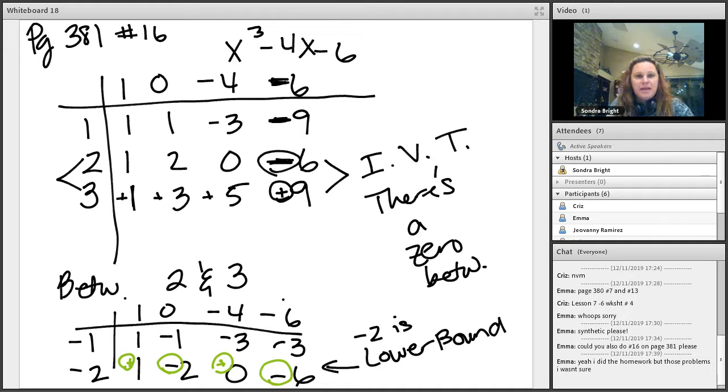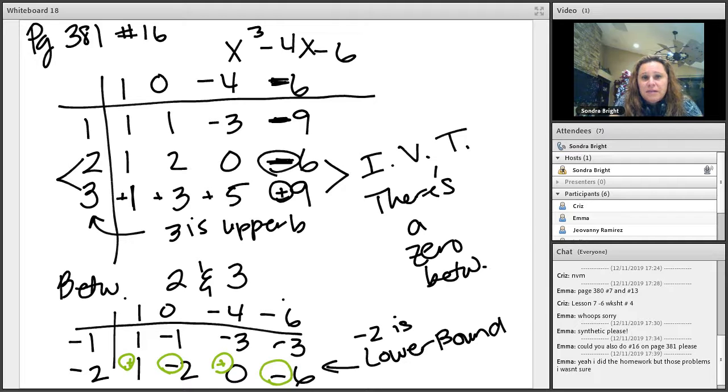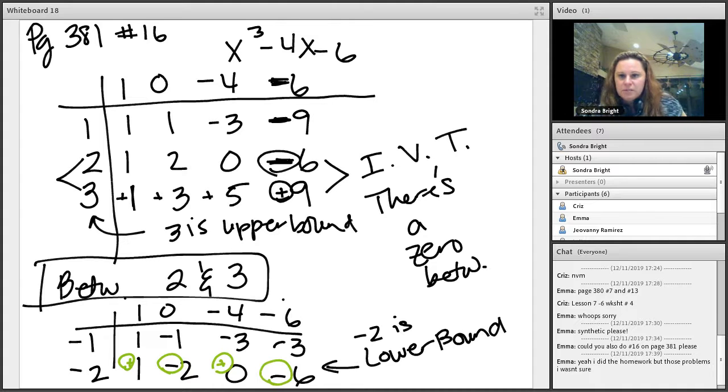Don't keep trying. 3 was the upper bound, because they were all positive. And so we've got our bounds and we only found 1. And so between 2 and 3 is where those zeros would be.